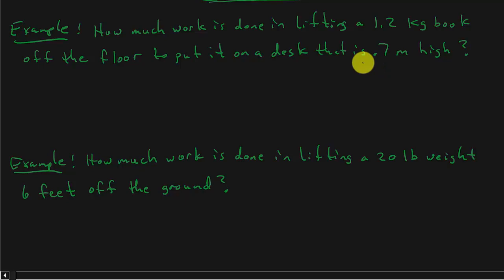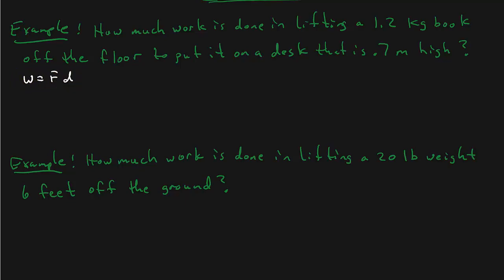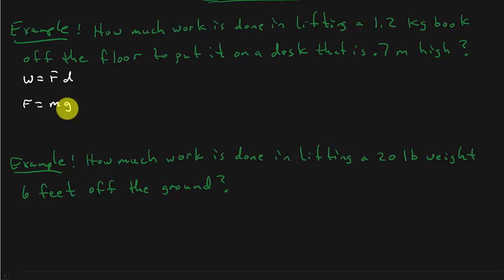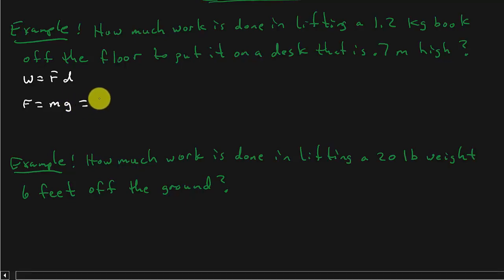All right, so remember, work is equal to force times distance. So we're in the metric system, so force is equal to mass times the acceleration due to gravity, g. And that is equal to 1.2, which is the mass, times, and then what's the acceleration due to gravity?